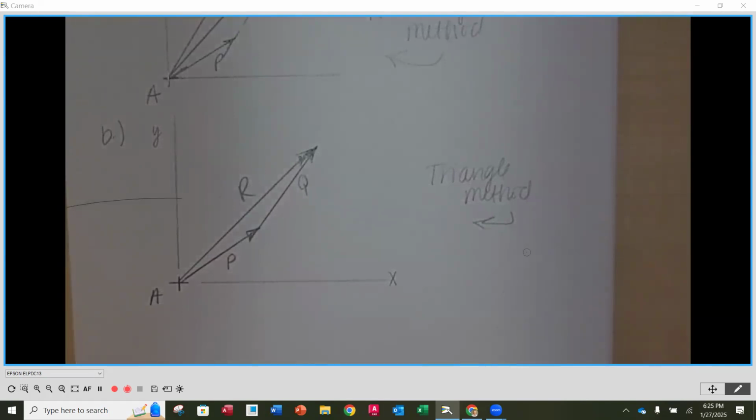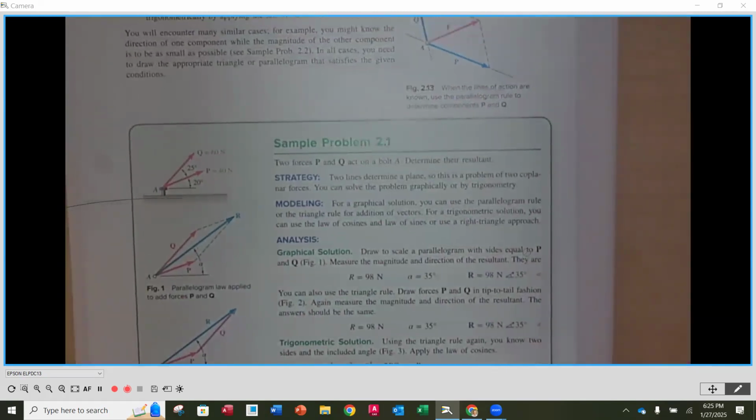The last part of this problem is determining the resultant. Now, remember the resultant needs both magnitude and direction. So we're going to find the magnitude first, and then determine its direction from the angle.